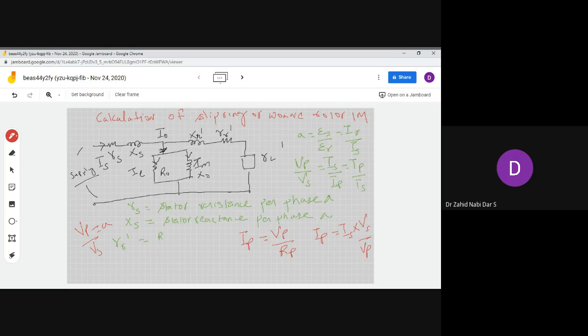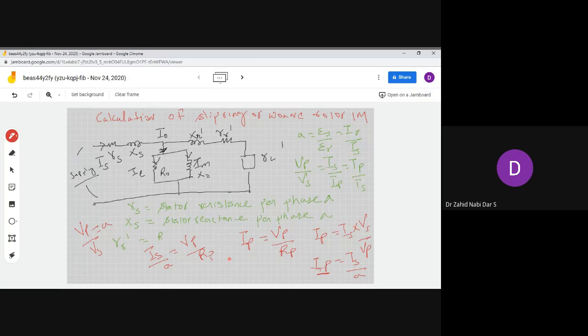So we can write IP is equal to IS by A, because this is the inverse of this. VP by VS is A, VS by VP would be 1 by A. So if I want to write this in terms of IP, IS by A is equal to VP by RP, or in other terms I can write IS similarly.